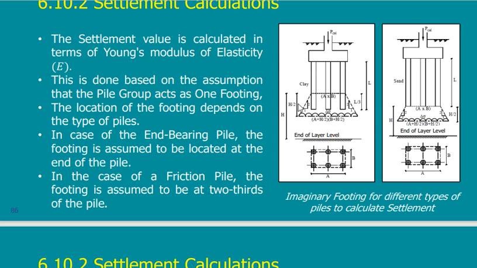Because h is the distance, h over 2 increased a portion from the right and a portion from the left. So the total increase, if this is A, then this will be A plus h over 2, and so on. So I can calculate the stress here. Similarly, I can calculate the stress here.